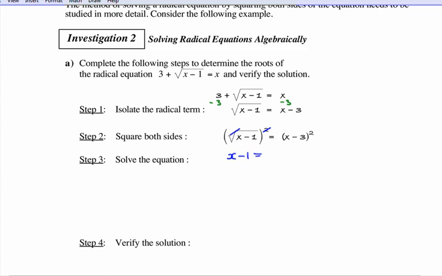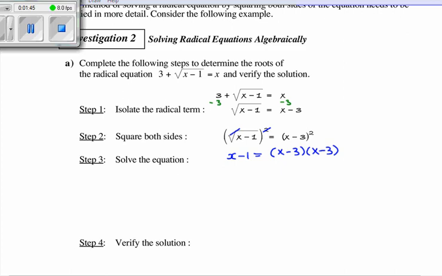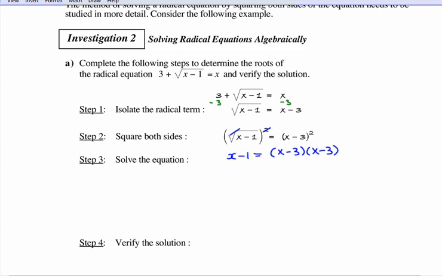Now here we have x minus 3 squared. Remember when we square a binomial, we have to expand it. x minus 3 times x minus 3. Now we're going to use the distributive law. So I have x minus 1 equals.